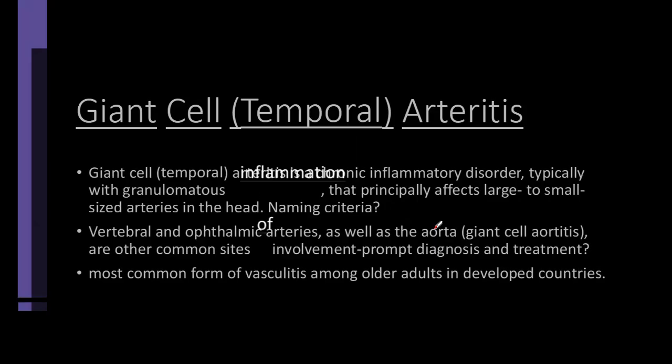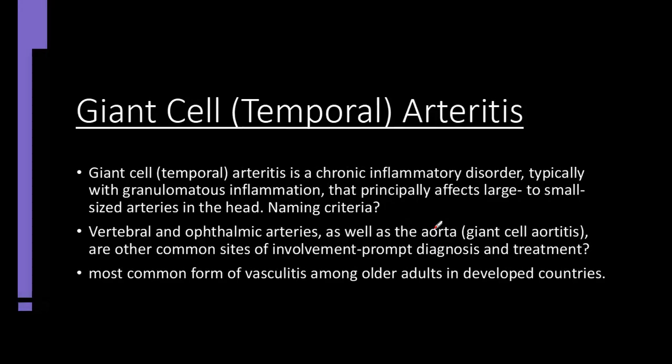Now, let's look at giant cell or temporal arteritis. It is a chronic inflammatory disorder, which displays granulomatous inflammation, and it typically affects large to small sized arteries of the head, okay? Now, why is it also known as temporal arteritis?